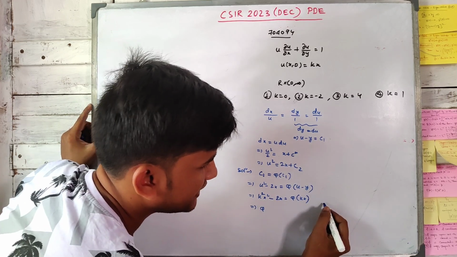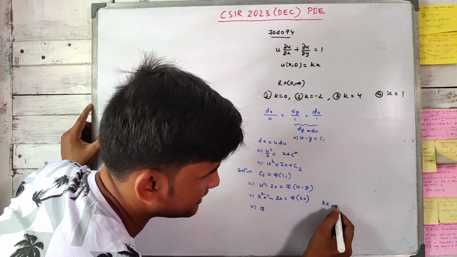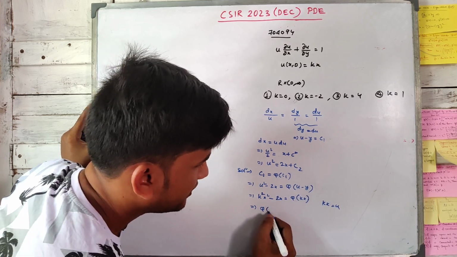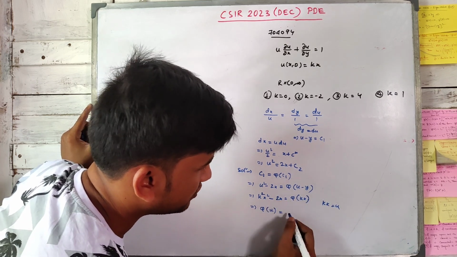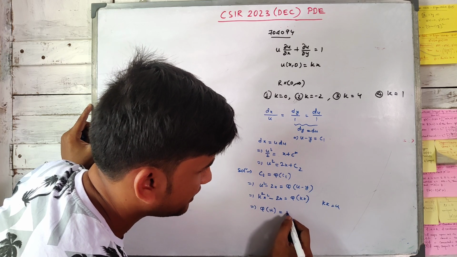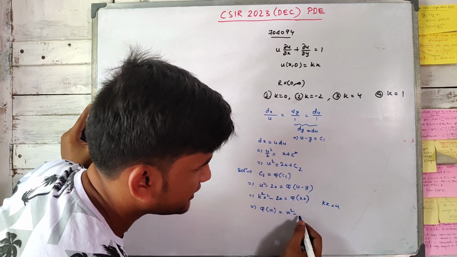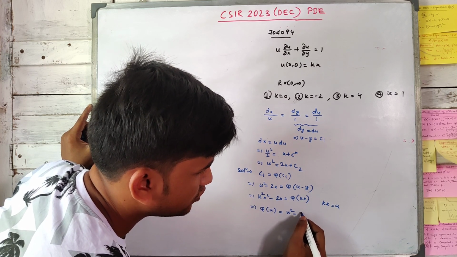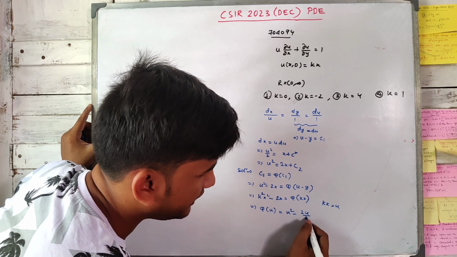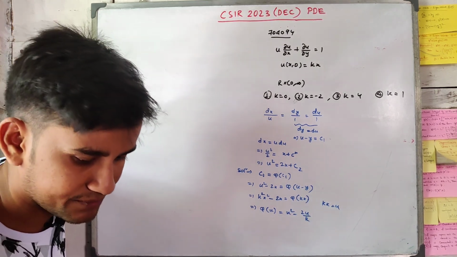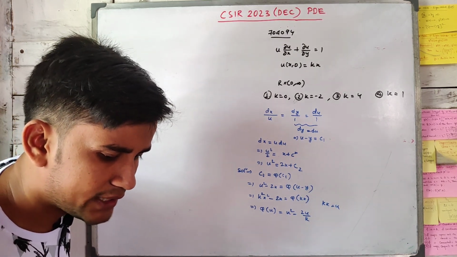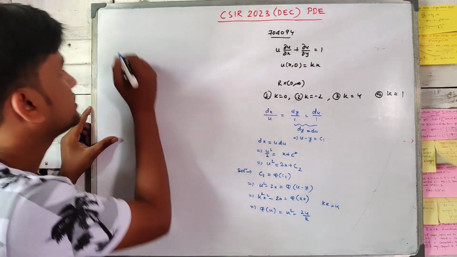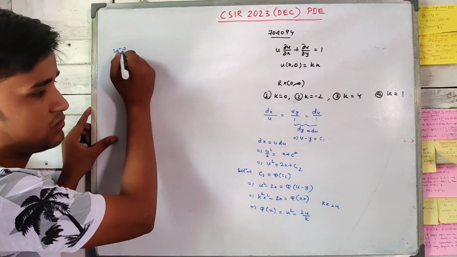If we replace this kx with u, then what happened? So phi of u is equal to u square minus 2x, means 2 into u by k. This term comes. Okay, so now write the solution. So the solution is what?